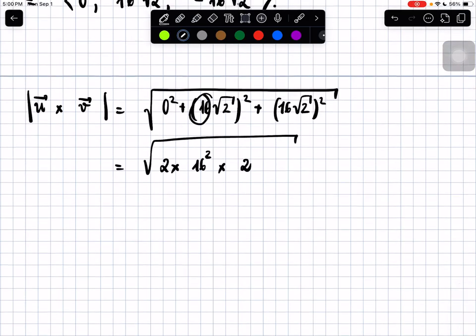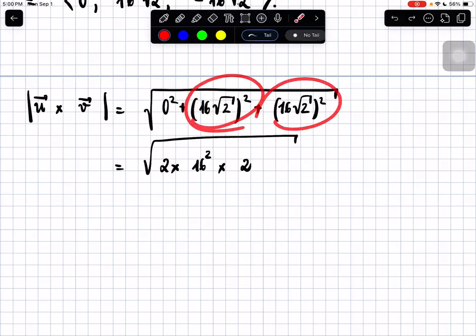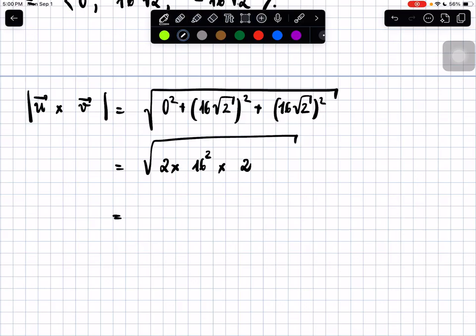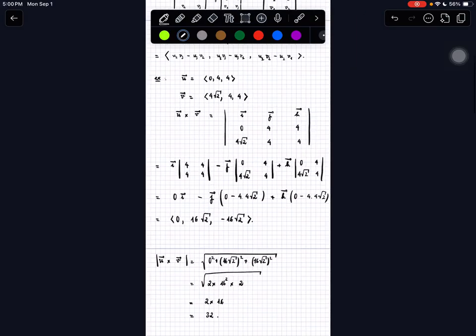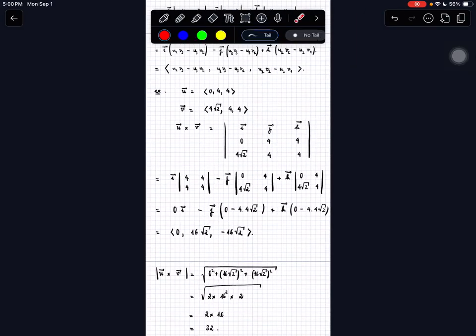We have 2 terms exactly the same, so we have 2 times that, which is 2 times 16 squared times 2, and so on. This is how we compute the length of vector u cross v: we first compute exactly what vector u cross v is.